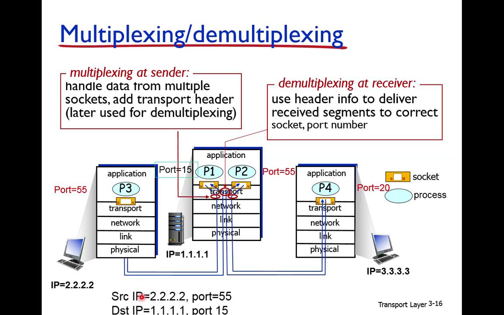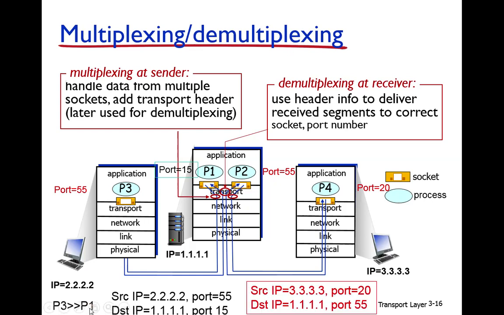So both IP address and port number are used to uniquely identify an application. For example, IP address 2.2.2.2 with port number 55 is the P3 application. Although port number 55 is also used by P2, its IP address is 1.1.1.1. So this packet is from P3 to P1.